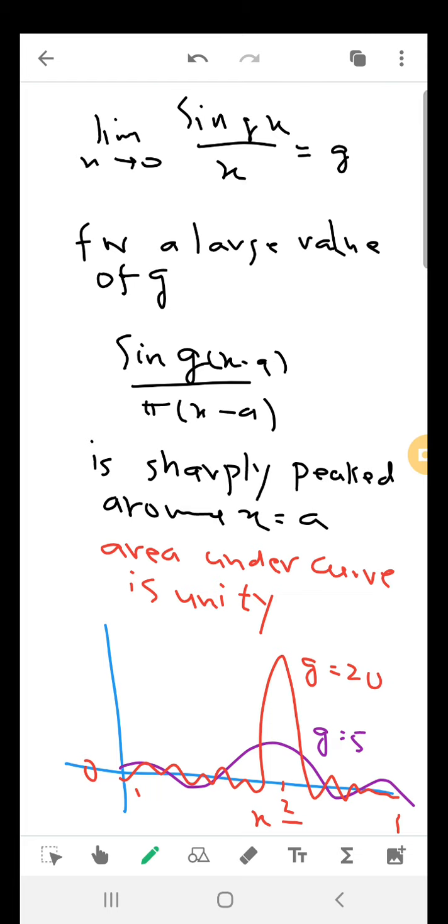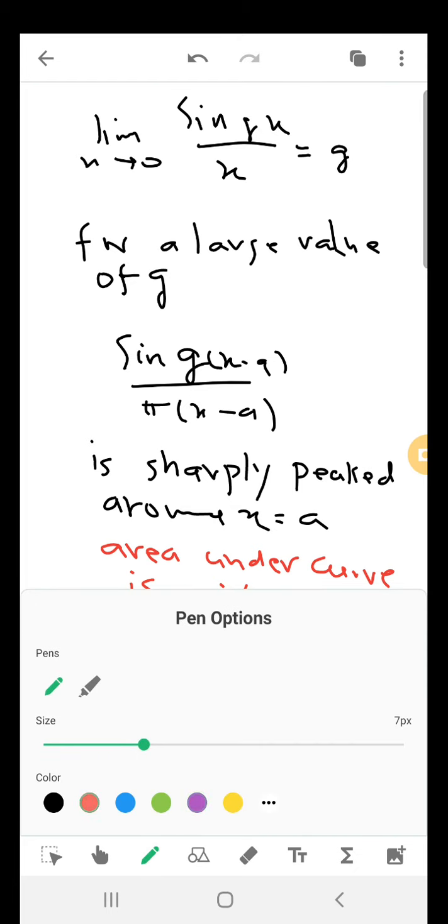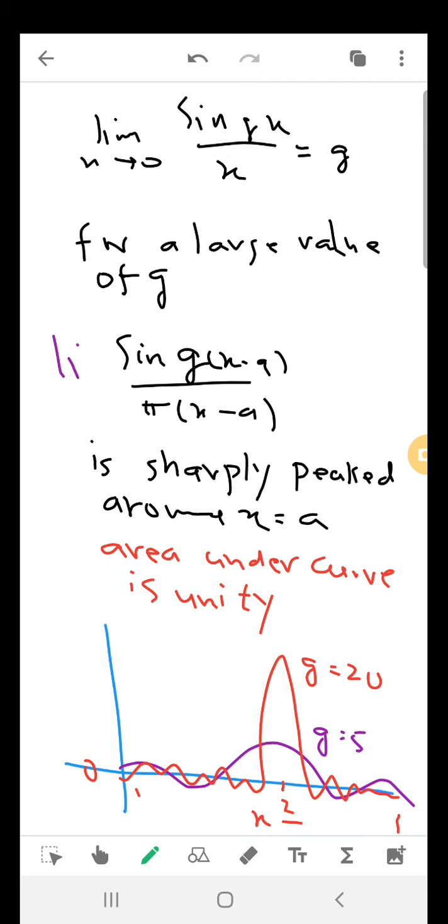So we can represent this delta function as we just put limit here, and we put g tends to infinity. This function is equal to delta function.